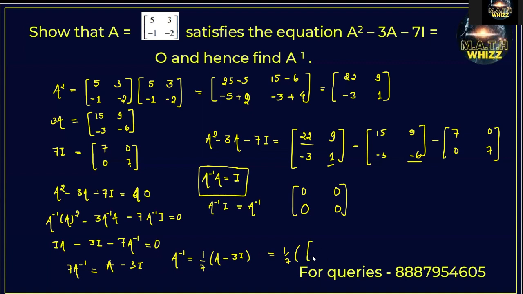That is 22, 9, minus 3, 1, minus 3I, which is 3, 0, 0, 3. So 22 minus 3 becomes 19, 9 minus 0 becomes 9, minus 3 minus 0 becomes minus 3, and 1 minus 3 becomes minus 2. Once you get this, you can write it in this form.